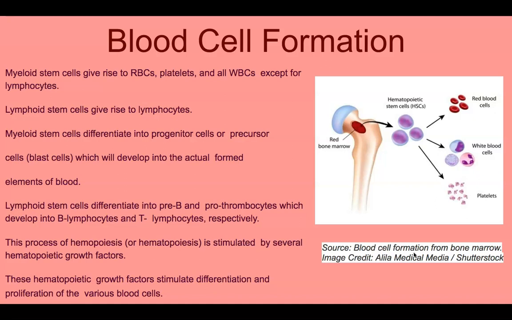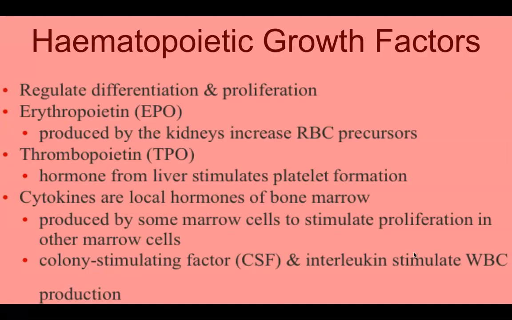Lymphoid stem cells differentiate into pre-B and pre-T cells, which develop into B lymphocytes and T lymphocytes respectively. This process of forming all these cells is known as hemopoiesis, and it is stimulated by several hemopoietic growth factors. These growth factors regulate the differentiation and proliferation of various blood cells.